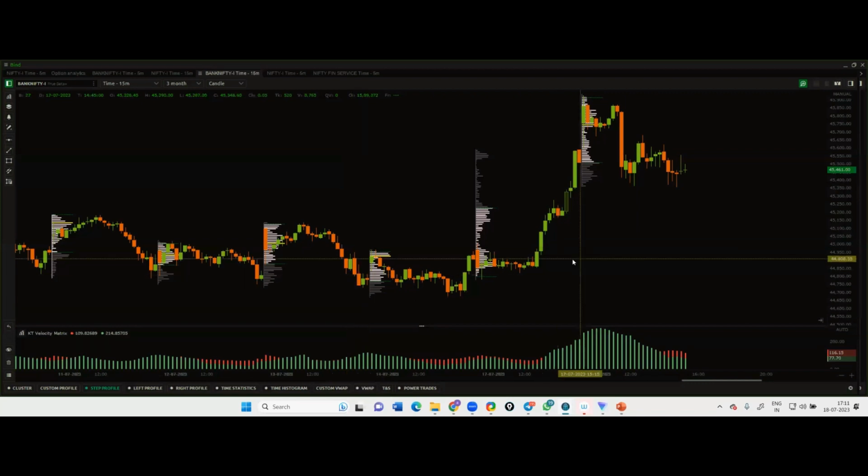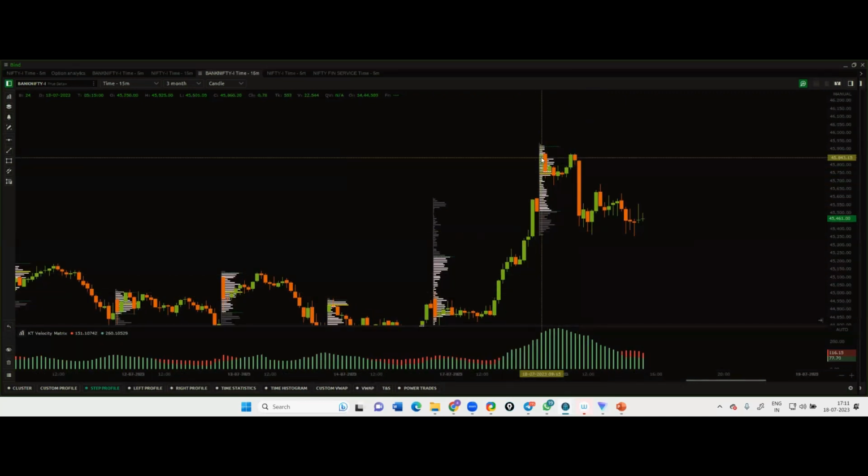For example, today price opened at 45,750, made a high of 45,925, and then made a low of 45,356. So within the entire range of 45,925 to 45,300 odd levels, price moved during the day.